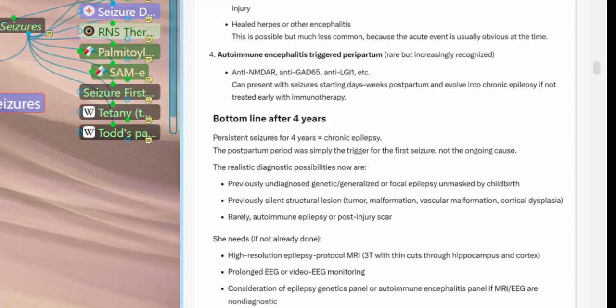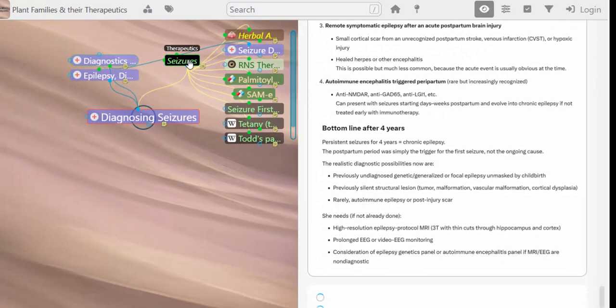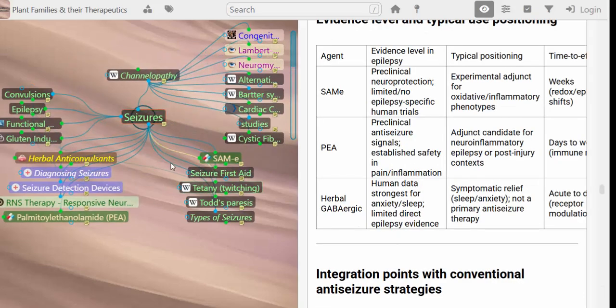All right, so let's go back to seizures. And next we can look at this healing therapy. That's the color for healing therapies. There's something called responsive neurostimulation for a variety of types of seizures. We've got a couple of supplements that help them.